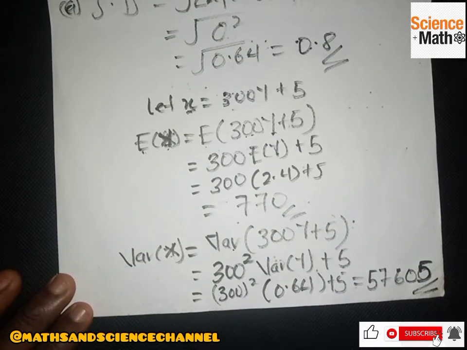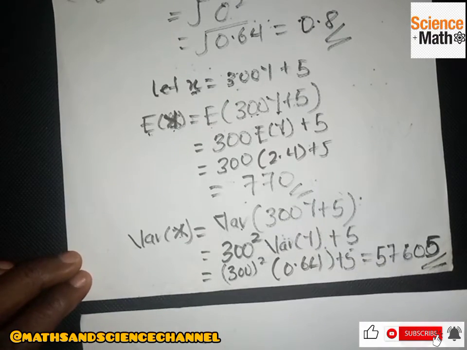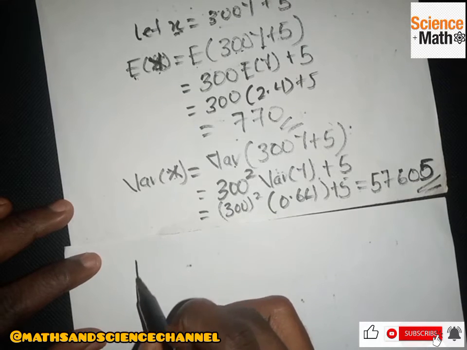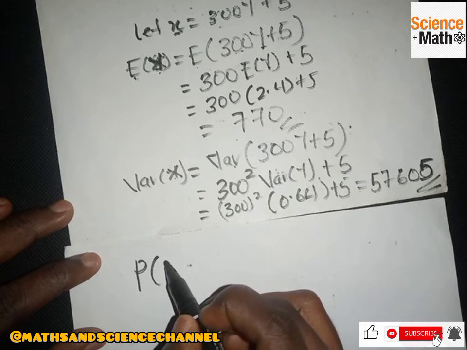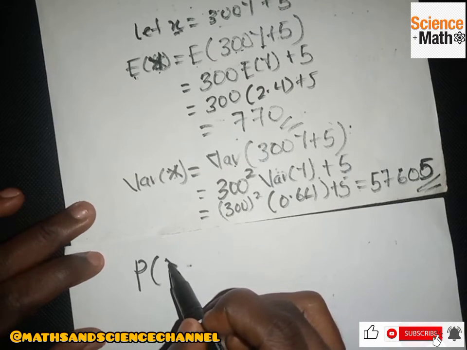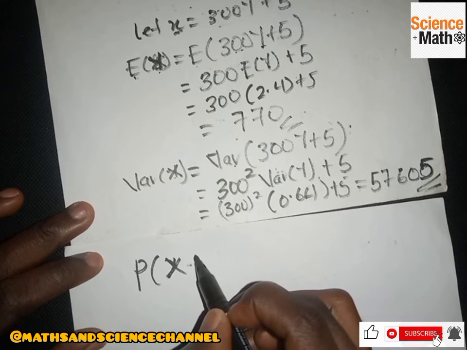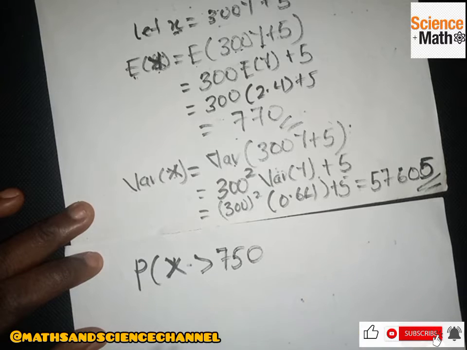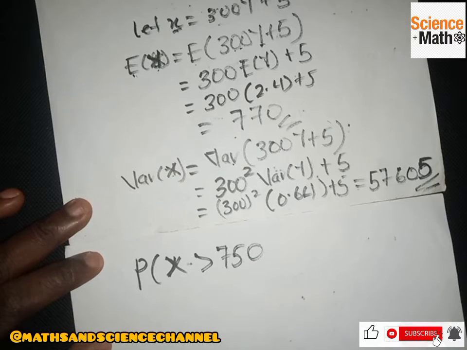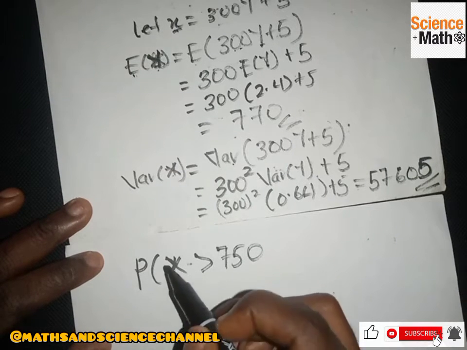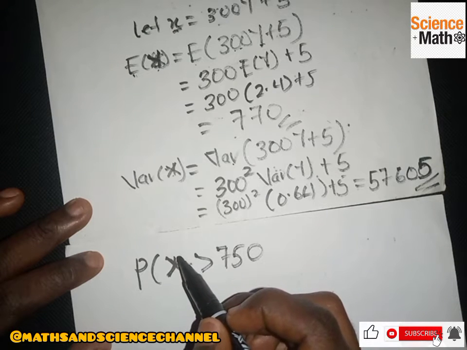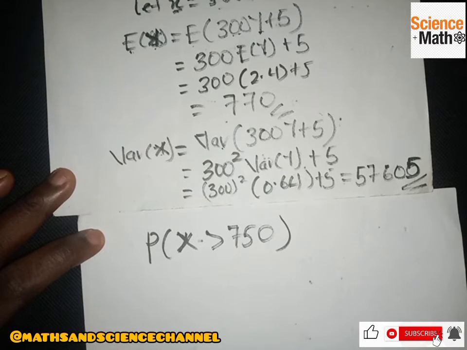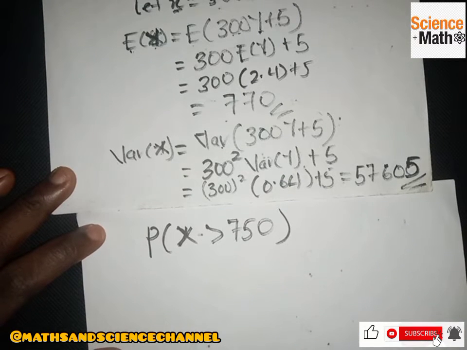Okay, now from here, the next question says that we should find p, the probability that the x rather is greater than 750. This is supposed to be y. Okay, so the question says that we should find the probability that s is greater than 750.